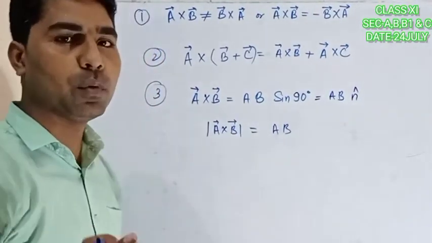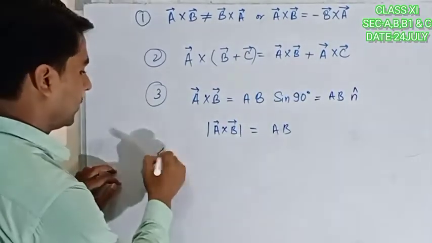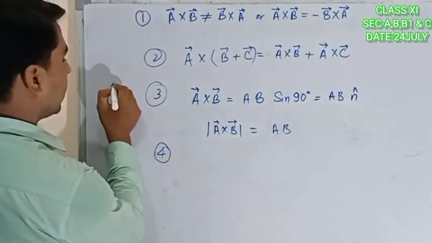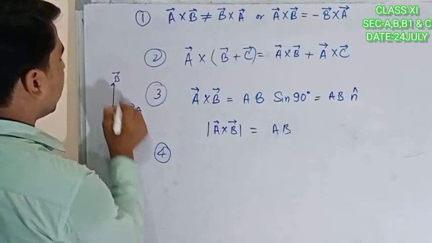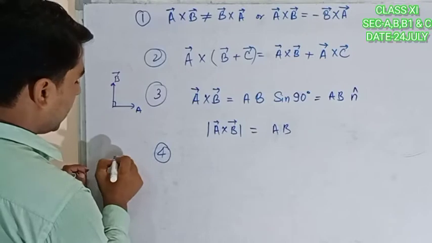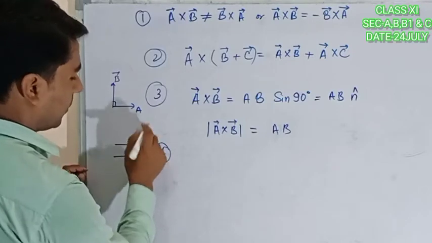Next one is if both the vectors are parallel to each other. Fourth one. So here I am showing the diagram. Vector A and vector B are perpendicular to each other. Vector A and vector B are parallel to each other.